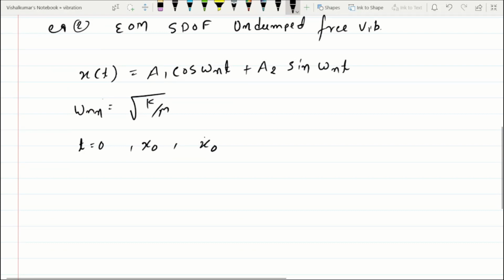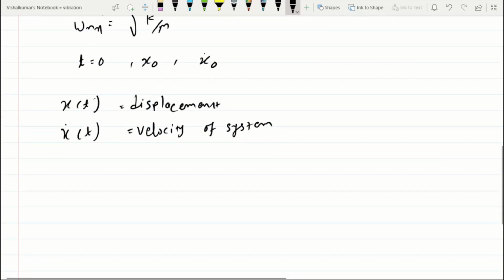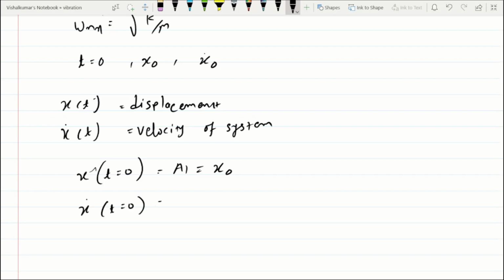Here x of t is the displacement of the system, and x dot of t is the velocity of the system. At t equal to 0, we have a1 equal to the initial displacement x0, and from x dot at t equal to 0, we have omega n a2 equal to x dot 0.